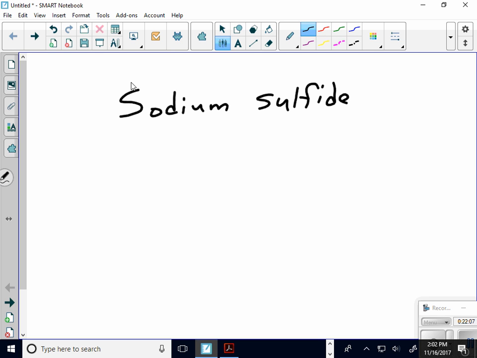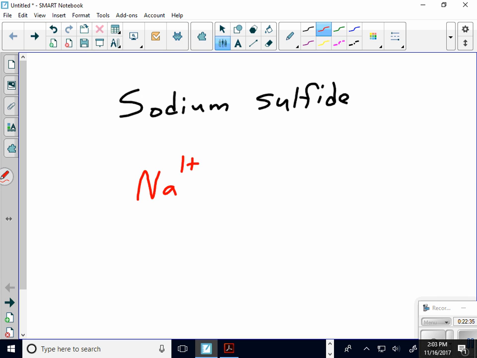How I'm going to do these is I'm just going to find the ions. Sodium has a symbol of Na, and what is its charge as an ion? +1.